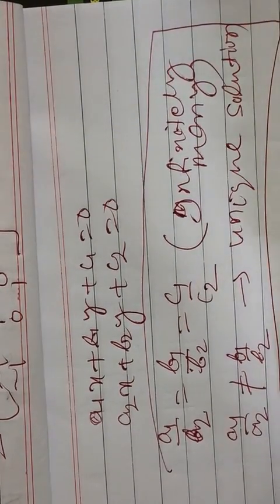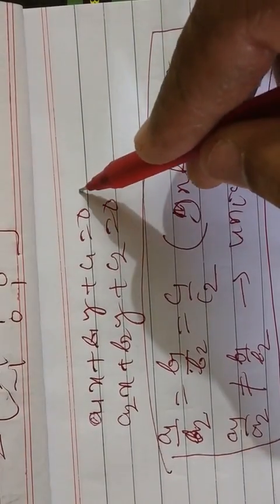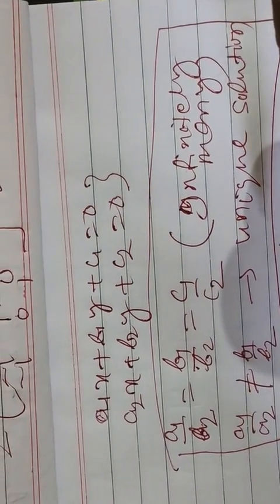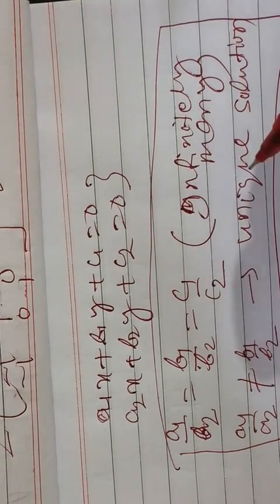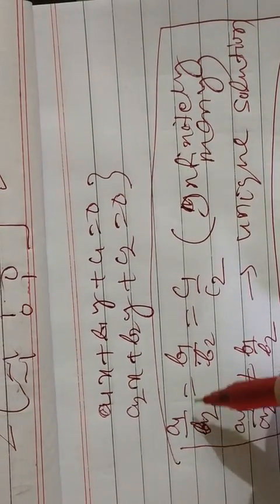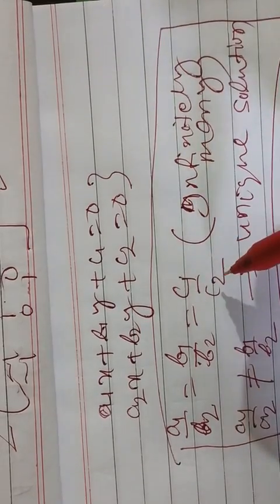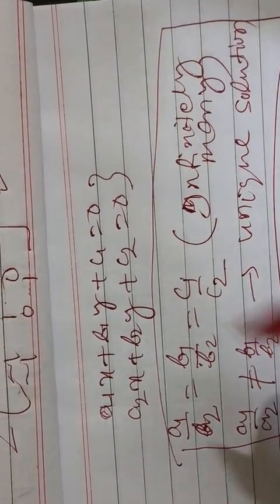These are the two situations when the system of linear equations is consistent. And it is inconsistent when a1 by a2 is equal to b1 by b2 but not equal to c1 by c2.